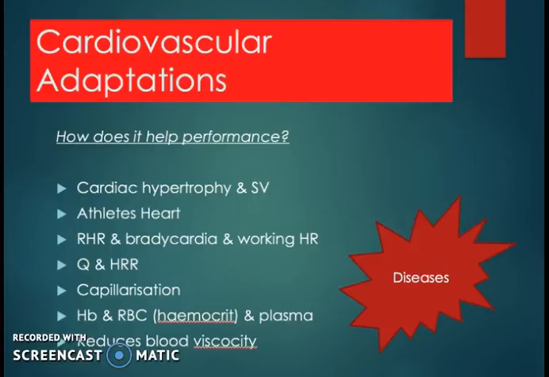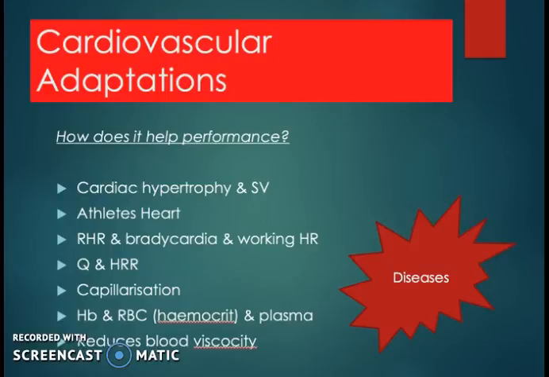These cardiac adaptations can also reduce chances of certain cardiovascular diseases, such as arteriosclerosis and also hypertension. This is because the heart works more efficiently, so it will be less likely to get these diseases.